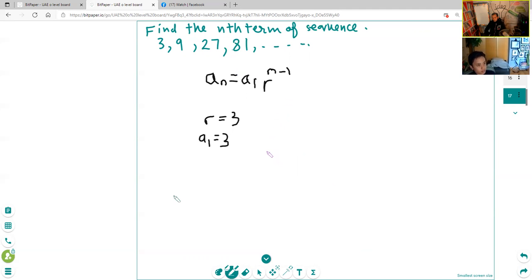Not any other term. Put the values in the nth term formula, then you can get the general term. In this formula, you should put the values, the A1 value and the R value.